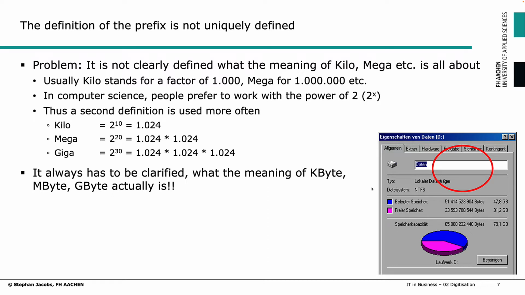However, if you use your table calculator and divide this 51 billion by 1024, and again by 1024, and once again by 1024, you will end up at these 47.8 gigabytes. So this irritation simply goes back to the usage of 1024 as our prefix value.